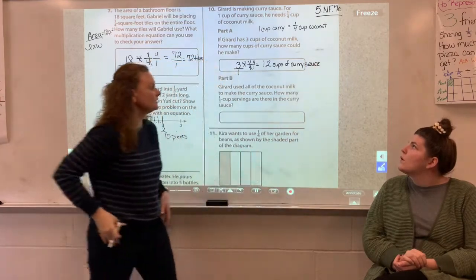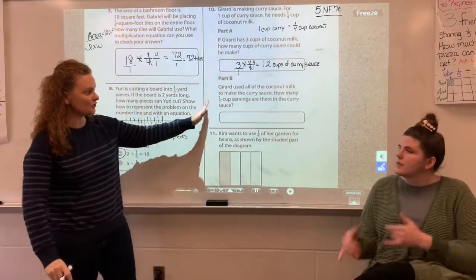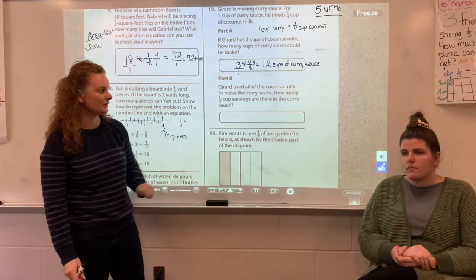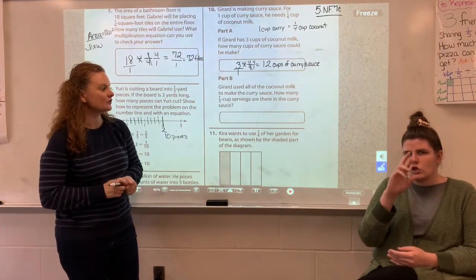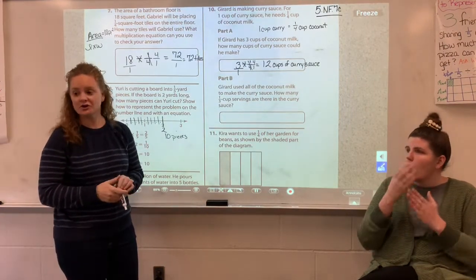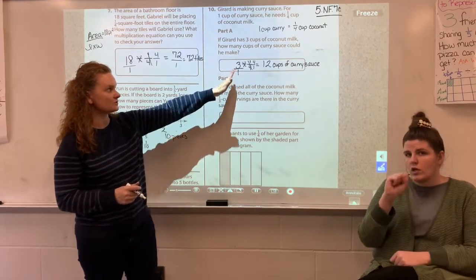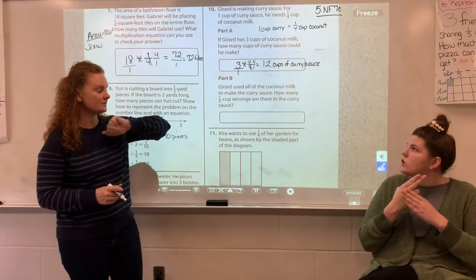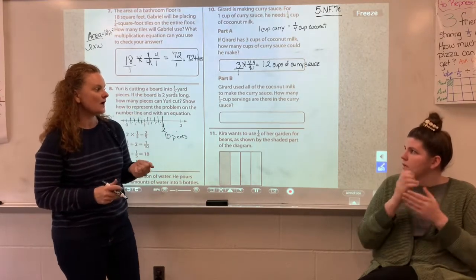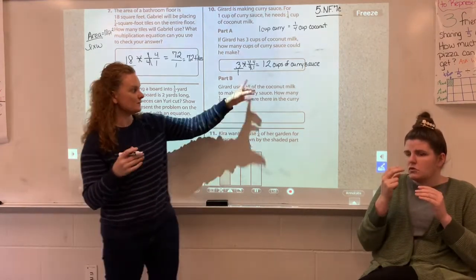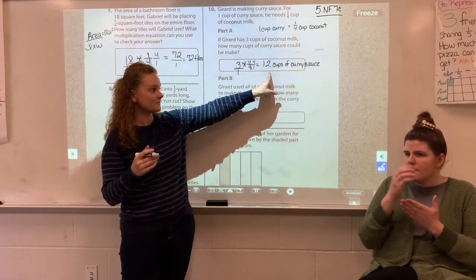Okay. Now, this is part B. Gerard used all the coconut milk to make the curry sauce. How many 1/3 cup servings are there in the curry sauce? Okay, so he went ahead and he used all these cups of milk. So he had 3 cups of milk to make the curry sauce. So now we want to know, of that, those 3 cups of milk made 12 cups of curry sauce.